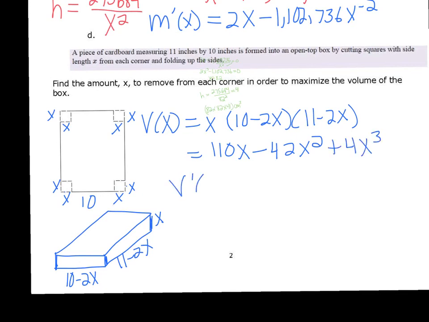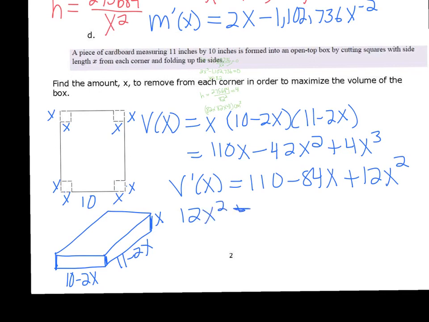Take the derivative of it, and we get 110 minus 84x plus 12x squared. So we'll set that equal to 0, and since it is a quadratic function, you can use your quadratic formula program from your calculator.